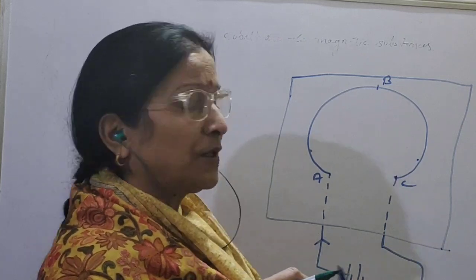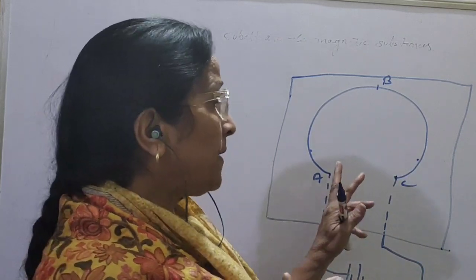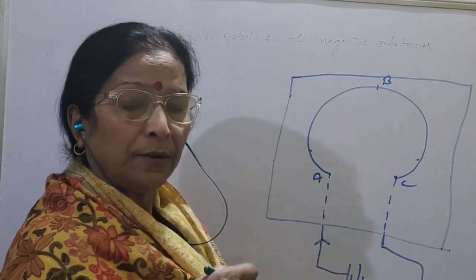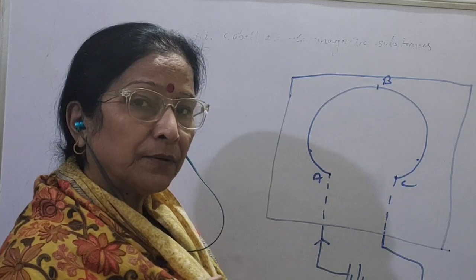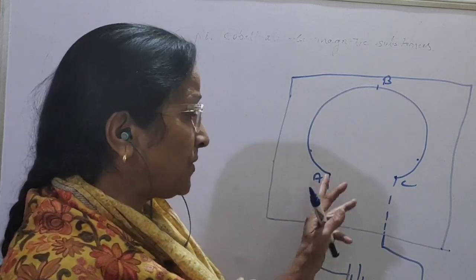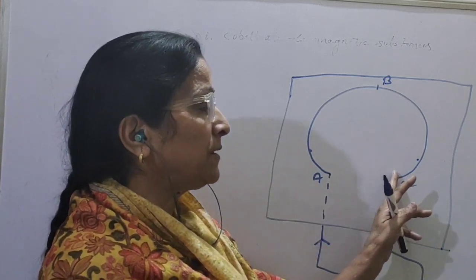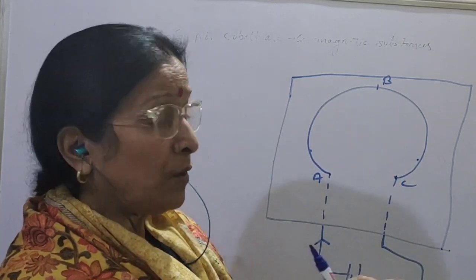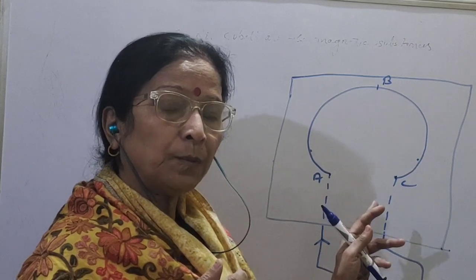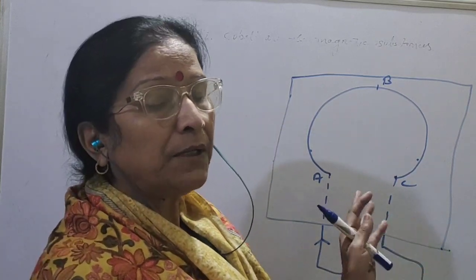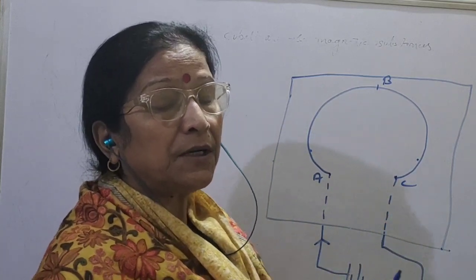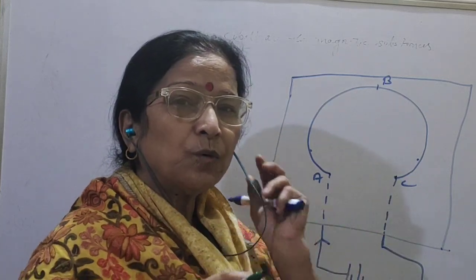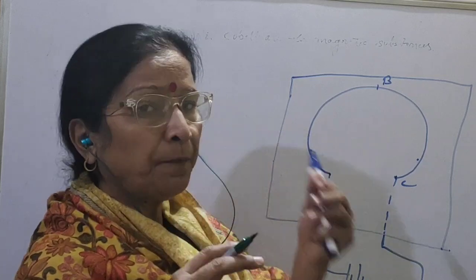Now we switch on the current and keep the magnetic needle at point A, and then we find the direction of the magnetic line of force around it. Again we keep the magnetic needle near C. When the current is flowing through the loop, we find that the magnetic needle gets deflected from its place, and its north pole starts moving along a circular path.